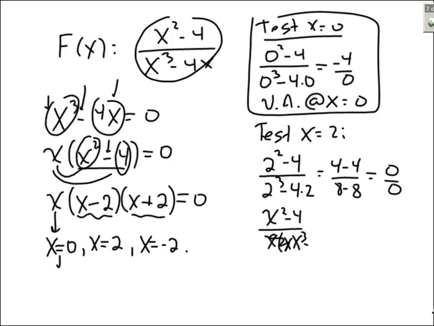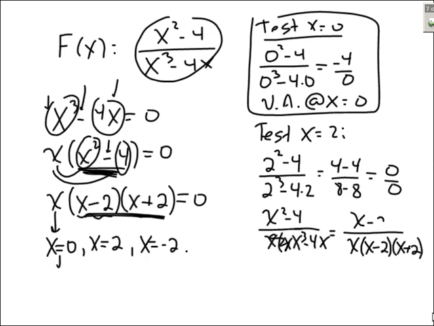X cubed minus 4x. Well, coincidentally, we did factor. We factored the bottom. We got x times x minus 2 times x plus 2. And we got the x minus 2 times x plus 2 from x squared minus 4. But that's exactly what the top is. X minus 2 times x plus 2 over x times x minus 2 times x plus 2.